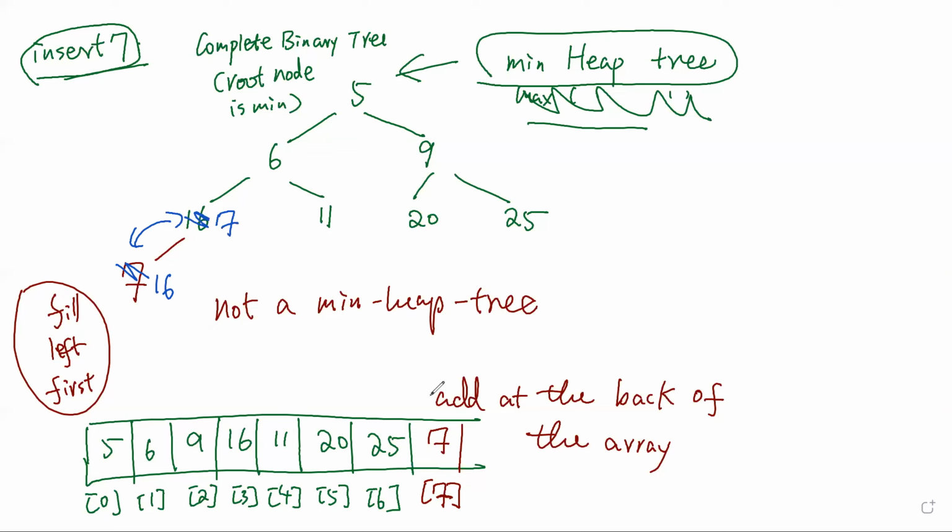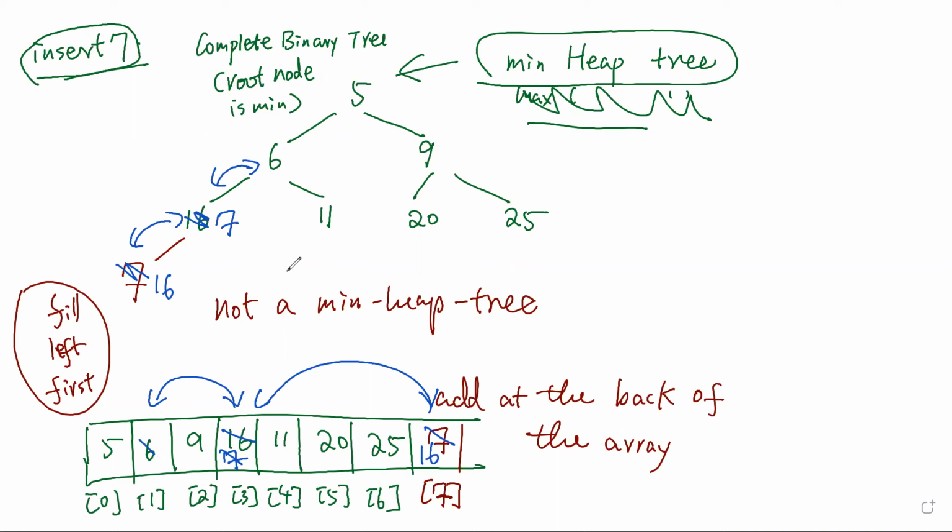You move 6 down, you move 7 up. Basically, in your array, you swap these two elements. Is it still not minimum? Then you would swap with its parent node.